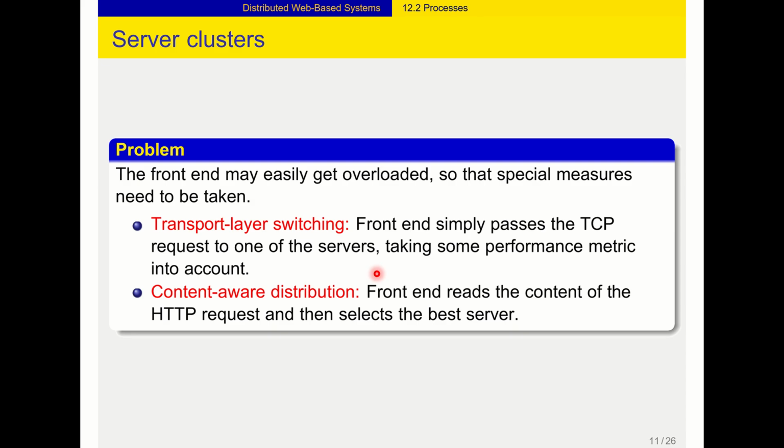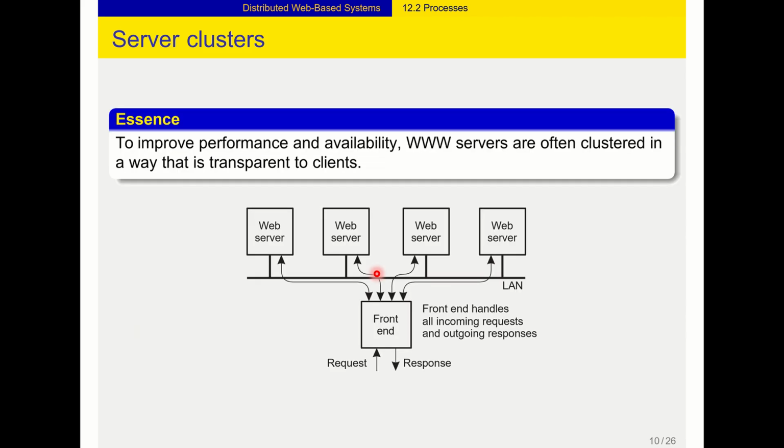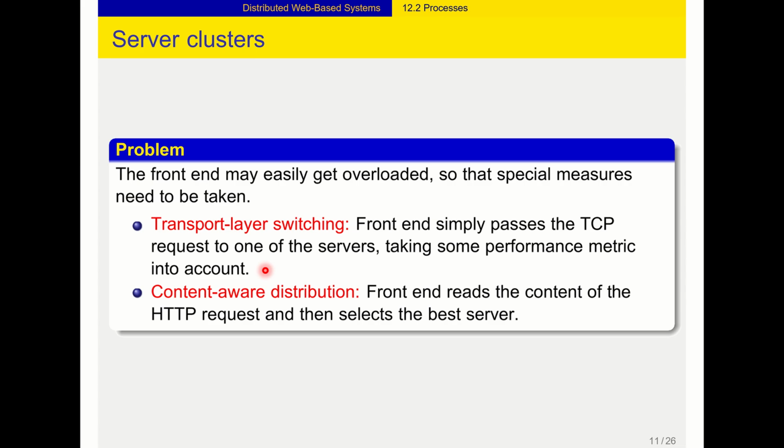Because of this, the technique transport layer switching is called a blind technique, because it simply passes the connection to a server based on server performance or server health, such as which web server at that particular point in time has the least connections, or which one has responded the fastest recently.